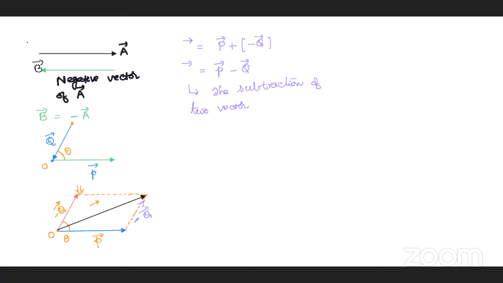Here, the subtraction I am taking as s bar. So this is s bar and this is s bar. Later, while solving, you will get clarity here. R bar we use for addition, s bar we use for subtraction. Simple.